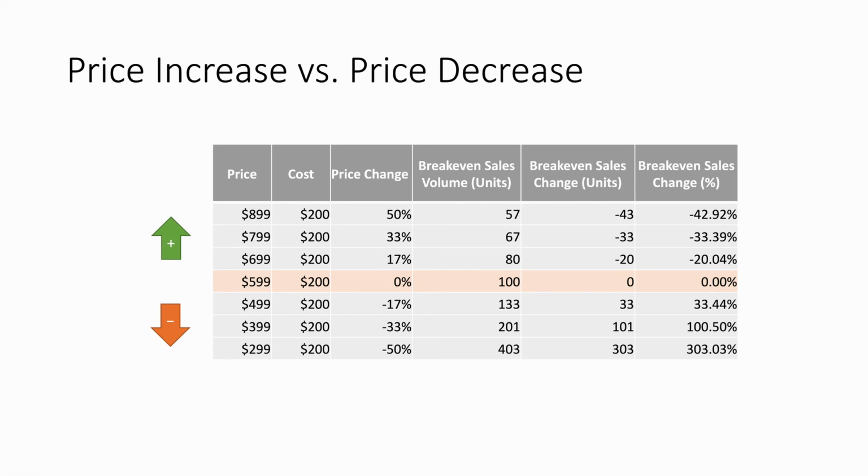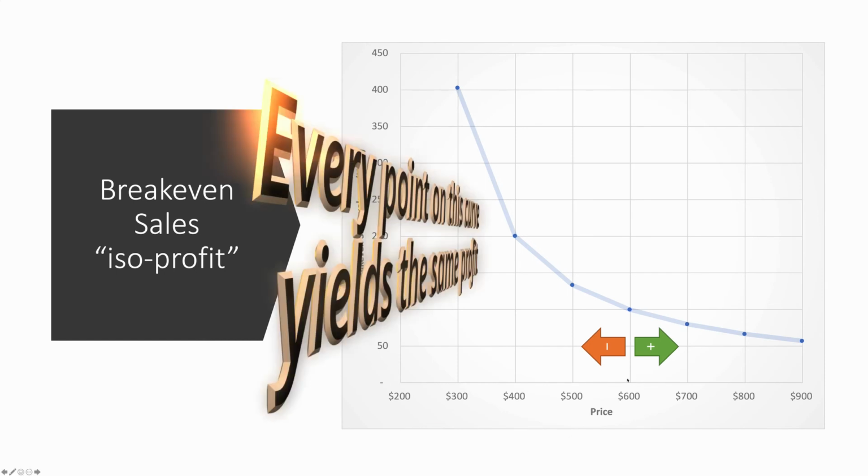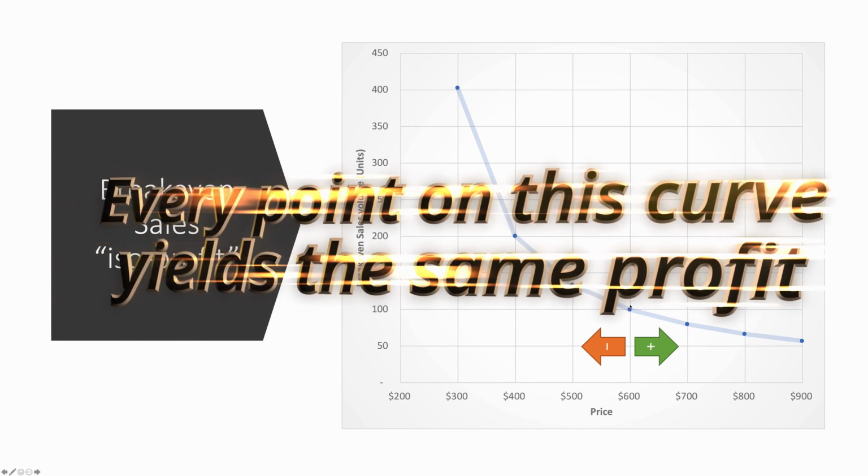In order to demonstrate this, I have laid out what we call an iso-profit curve, that is, the equal profit curve in terms of incremental break-even sales. So what we are looking at is $5.99, the baseline scenario in the middle of the curve.